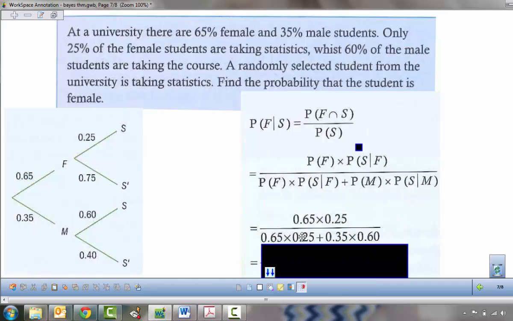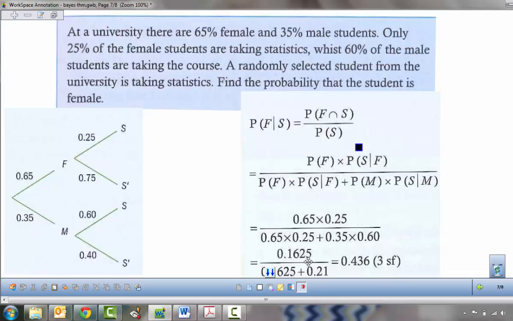We can plug them in and do our calculation. So, what do we see here? What do we need to take into account when we're looking at the probability of F given S? The order on top can sometimes be a little bit confusing, but write it as probability of first intersect second.